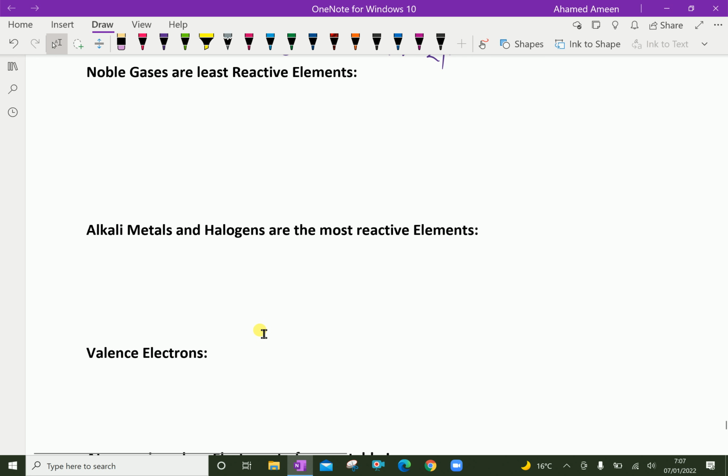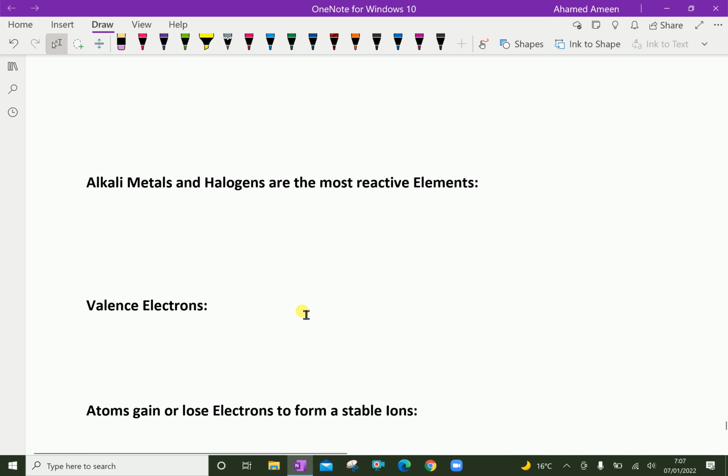For example, by gaining 1 electron, the chlorine electron configuration becomes 1s2, 2s2, 2p6, 3s2, and it gains 1 electron.